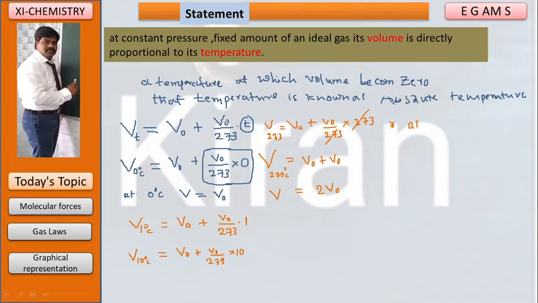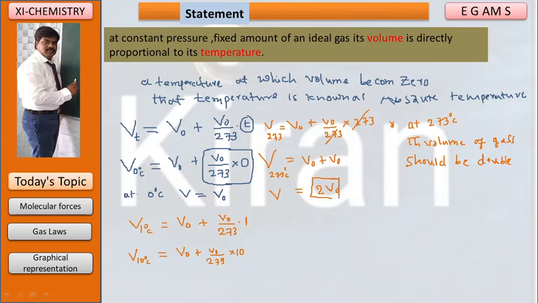At 273 degree centigrade, the volume of gas should be doubled. Why? Here you are getting 2V naught.